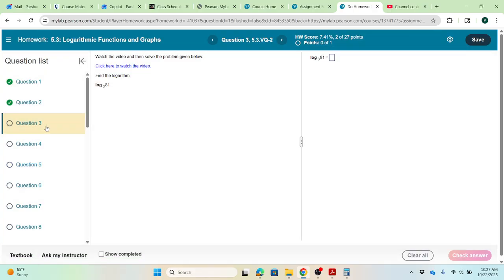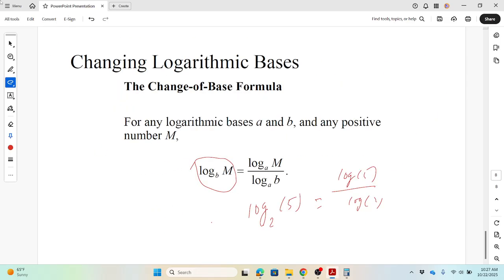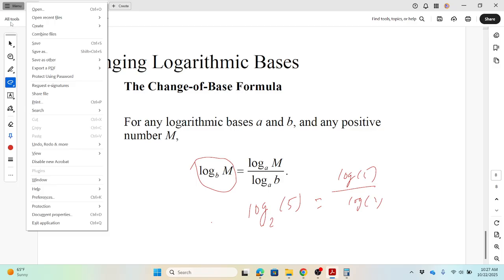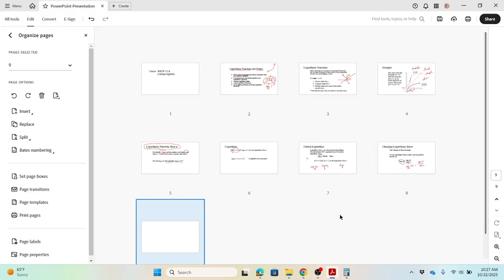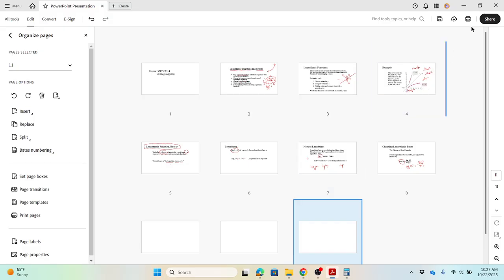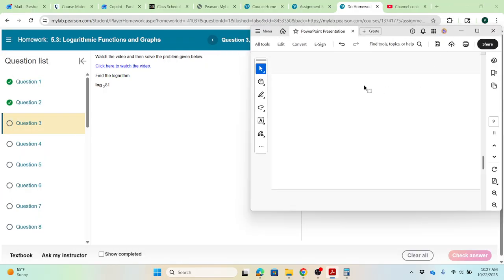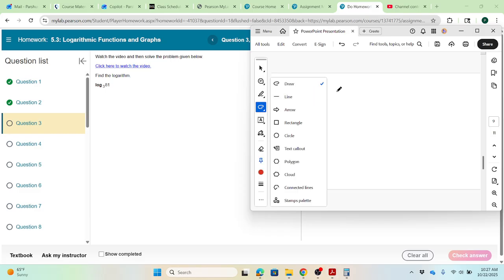Okay, let's go to this one. What is the log base 3 of 81? Whenever we try to solve this type of problem, we would like to find out the value of log base 3 of 81.